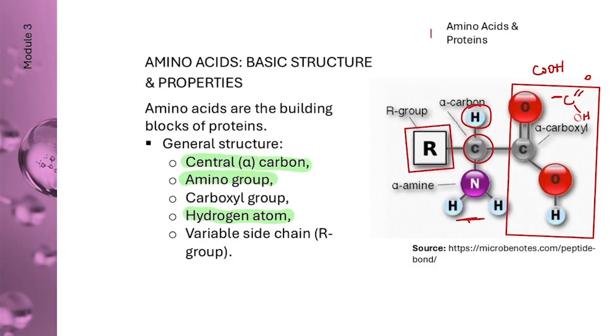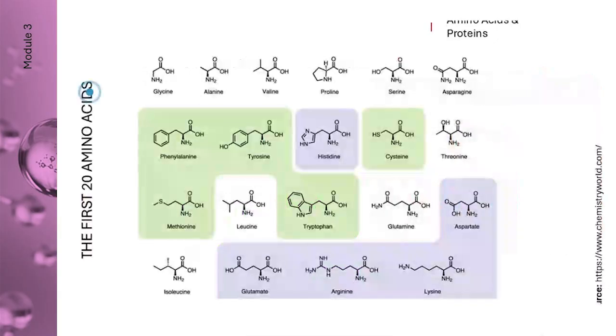And one last structure of the amino acid is the R group. This R group is usually what varies in all amino acids.